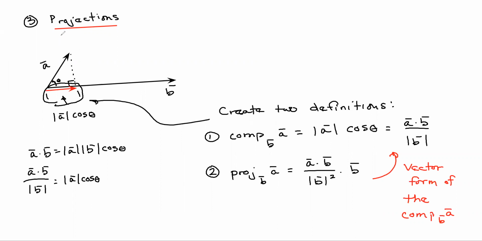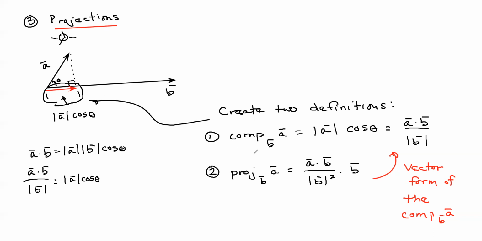So if there's a light up here, like I draw a little sun, and the sun were shining perpendicular to B, then the shadow that would be cast from A onto B would be this red vector. So it's the projection, just like a shadow when you put your hand in front of a movie projection. It's the same idea. That's the way that I think of the definition of the projection: it's a shadow, the shadow that's cast from A onto B.